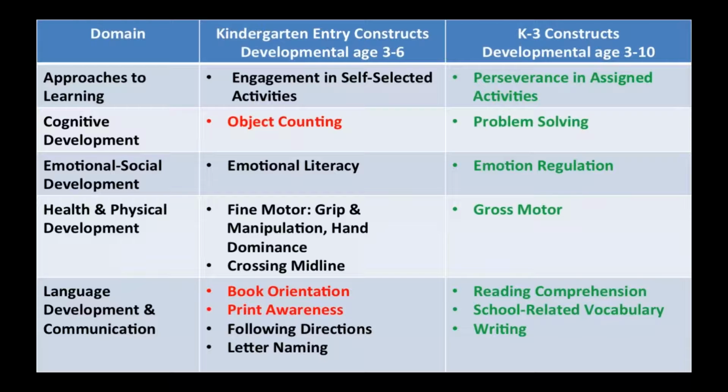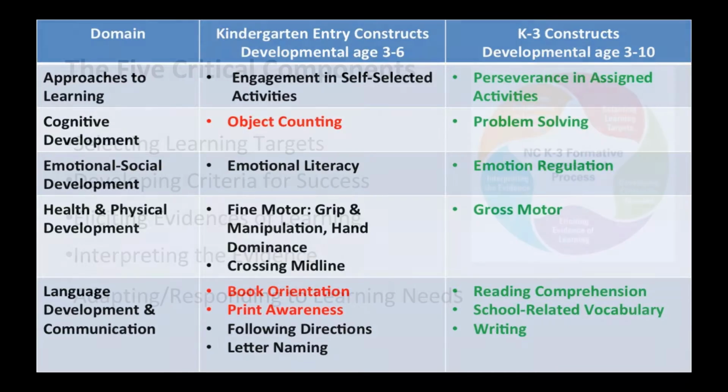So as students master some of these kindergarten entry constructs, or maybe not master, but as they are able to demonstrate all the skills on a particular construct, you can use the K-3 constructs to help you continue to support that child's growth.